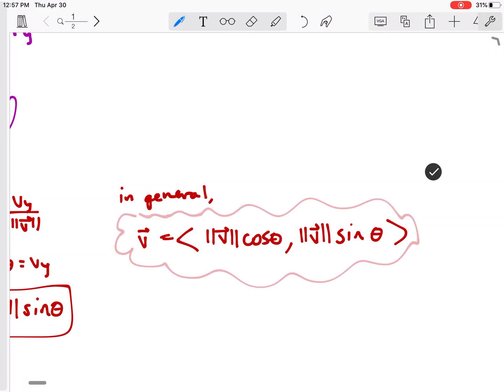So whenever you need to find component form, you can just use these two facts, given the magnitude and the angle, or the direction.